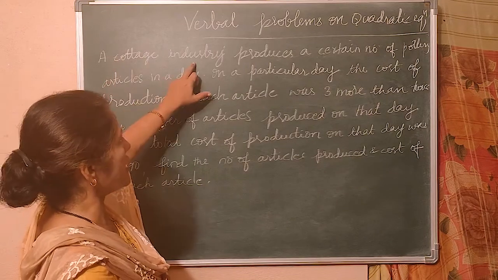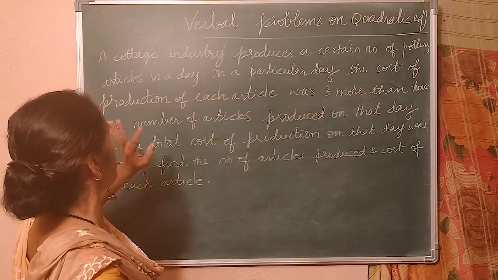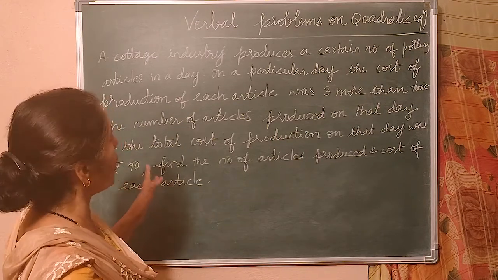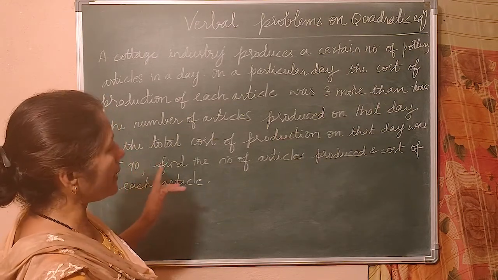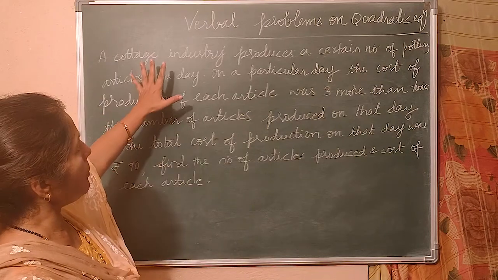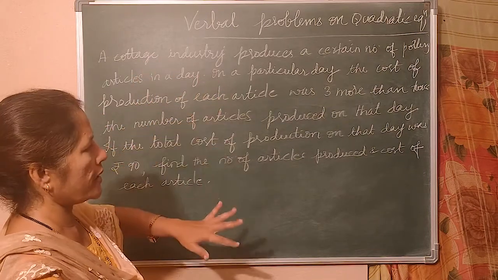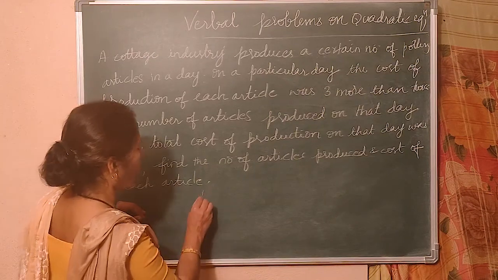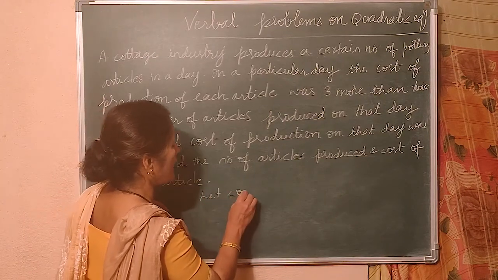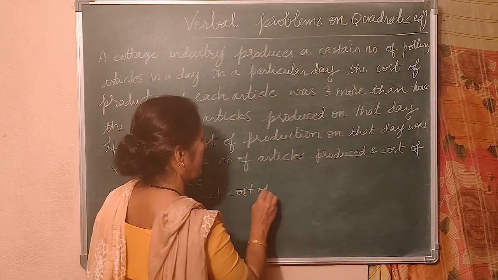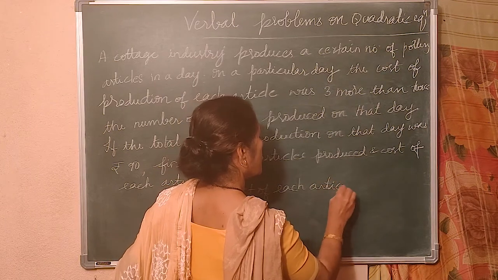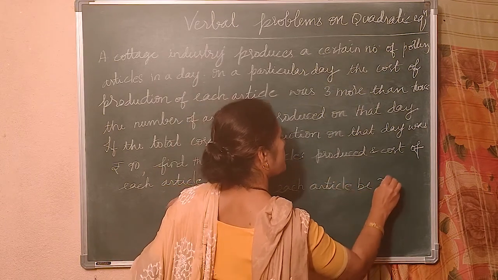A cottage industry produces a certain number of pottery articles in a day that they have not given. So, let the number of pottery articles produced be x. Let the cost of each article be x.